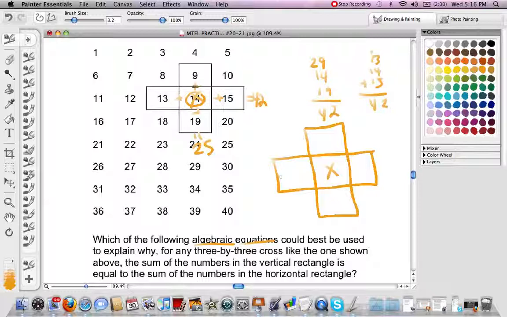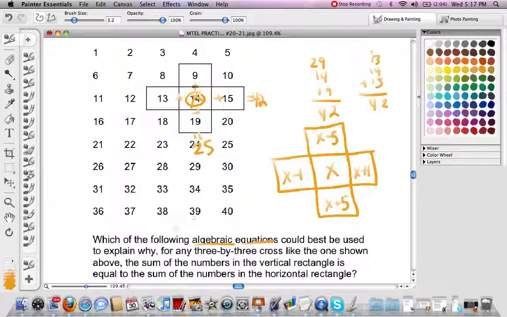Now I'm going to represent 13 in terms of x. 13 is 1 less than 14, so I could do x minus 1. And 15 in terms of x would be x plus 1. How could I represent the 9? It's 5 less than the 14, and 14 is x, so we could do x minus 5. And the 19 is 5 more than 14.